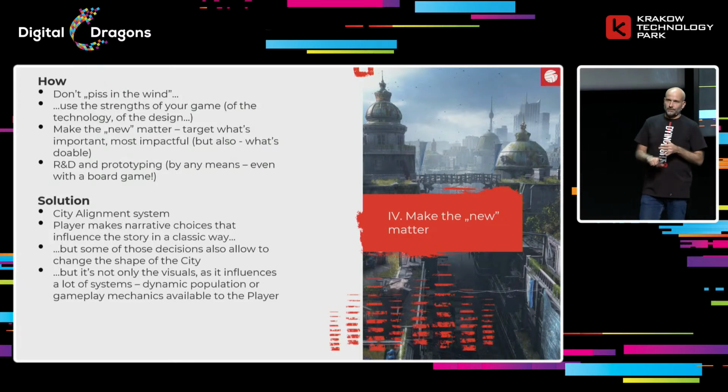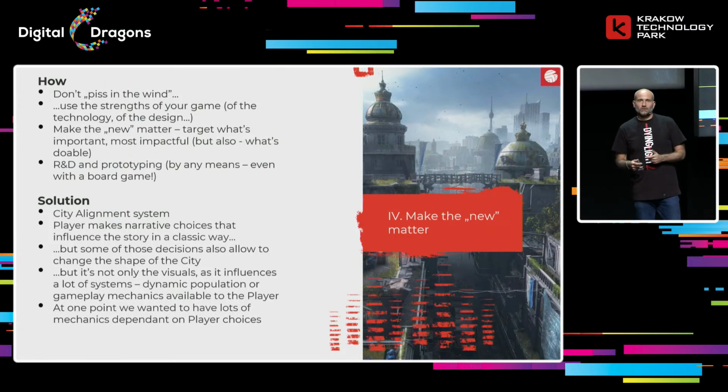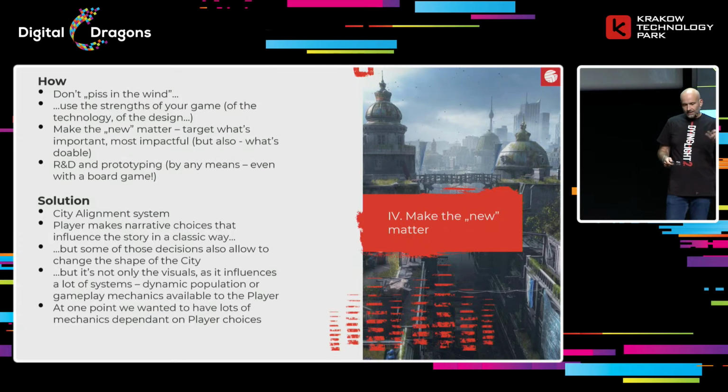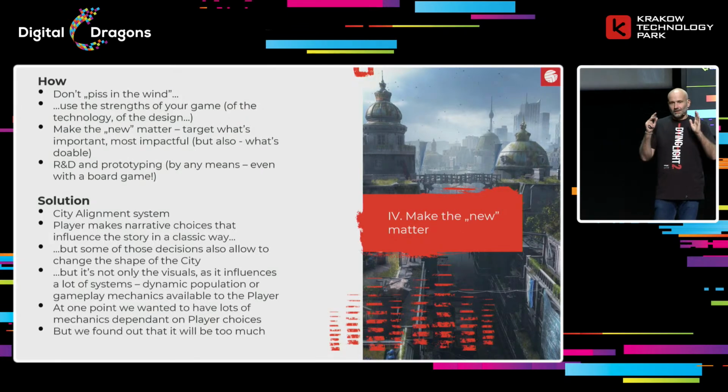Like combat helpers, parkour helpers, a lot of fun stuff. At one point, we even wanted to make even more mechanics connected to the player choices, but then we dialed this down because it would be too much. Don't piss in the wind. Try to focus on the thing you can pull off.